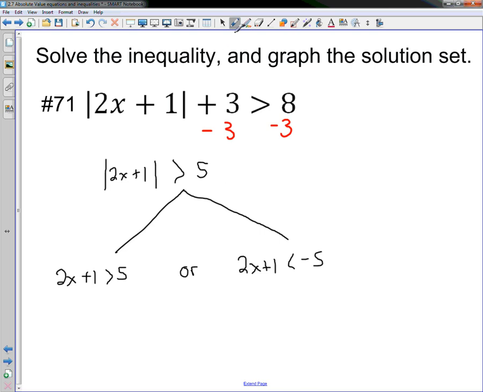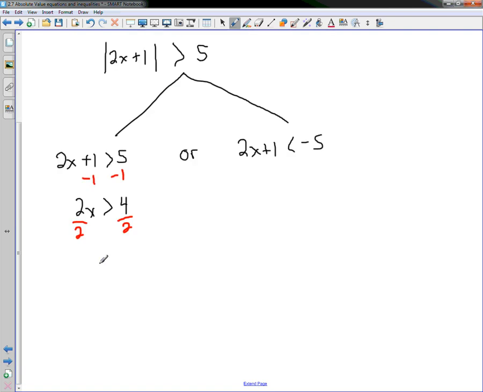And go ahead and solve. Subtract 1. And we have 2x is greater than 4. And divide by 2. And we have x is greater than 2.